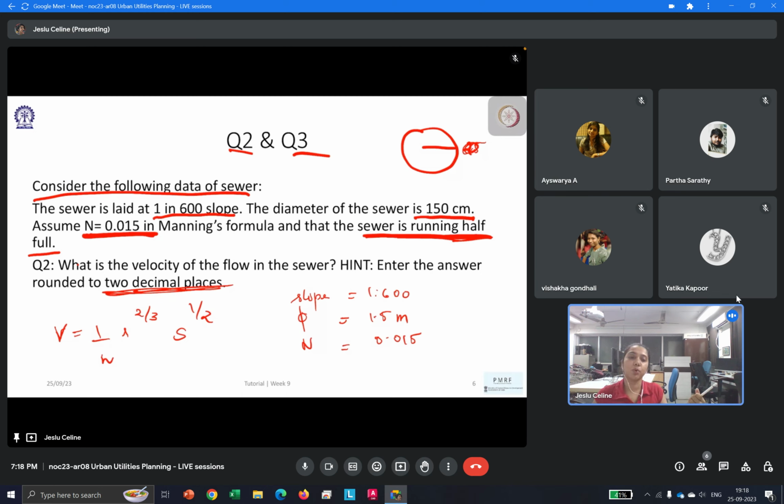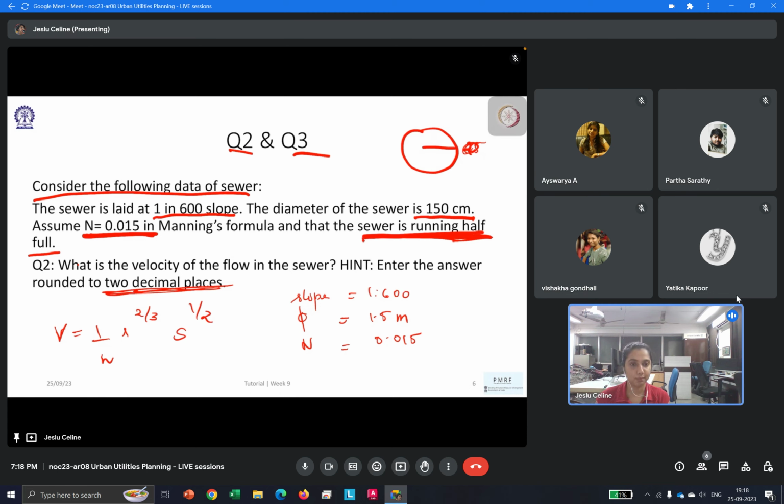We also learned one more equation, the Hazen-Williams equation. Can we use that over here? Hazen-Williams equation is also used to find the velocity, but we can use it provided the sewer is running full.